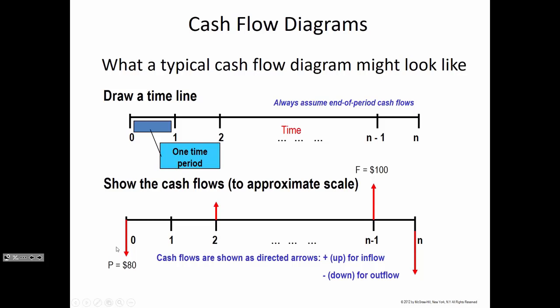P would be an amount at the present. F would be some amount in the future. If you have a lot of ongoing payments that are the same, then that would be an A, an annual series. And you'll get in the habit of drawing those labels just because it makes it easier to translate the picture into the calculations that you'll need to do. Any questions about this cash flow diagram standard convention?